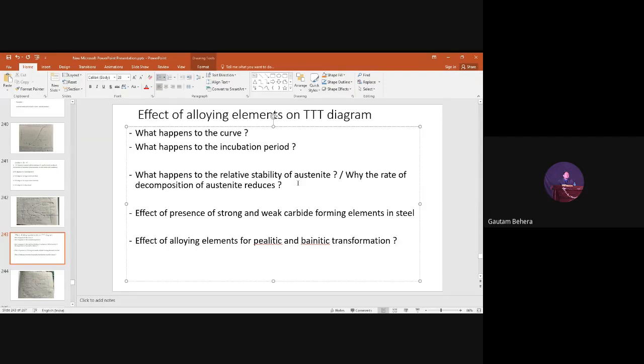It tries to increase the region of austenite, or to make the austenite stable even at low temperature, or in other words, it prevents the decomposition of austenite.